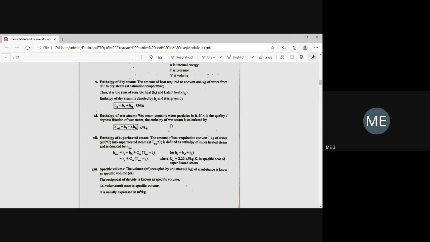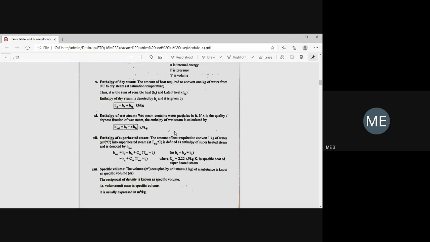So how we are going to define it is the amount of heat required to convert 1 kg of the water at 0 degrees Celsius to 1 kg of wet steam at saturation temperature. That is the definition of enthalpy of wet steam. Very simple. Amount of heat required to convert 1 kg of water at 0 degrees Celsius to 1 kg of wet steam. This is important. At saturation temperature and at the given pressure.